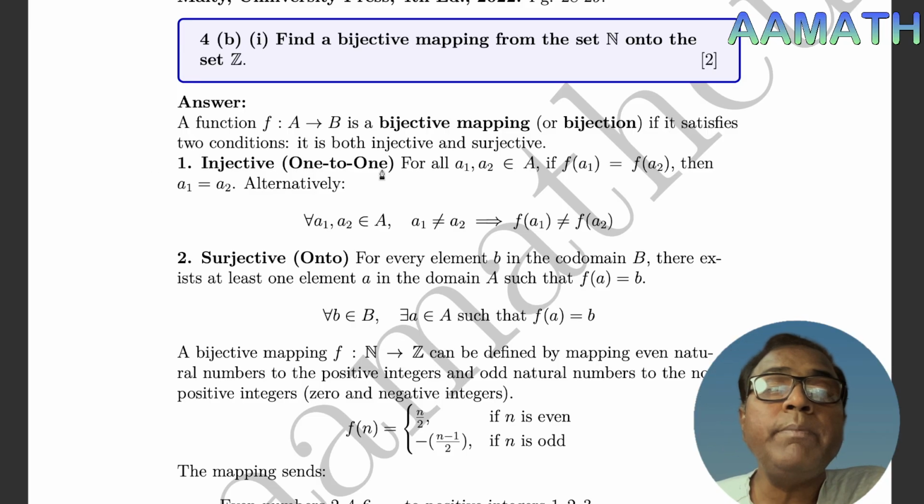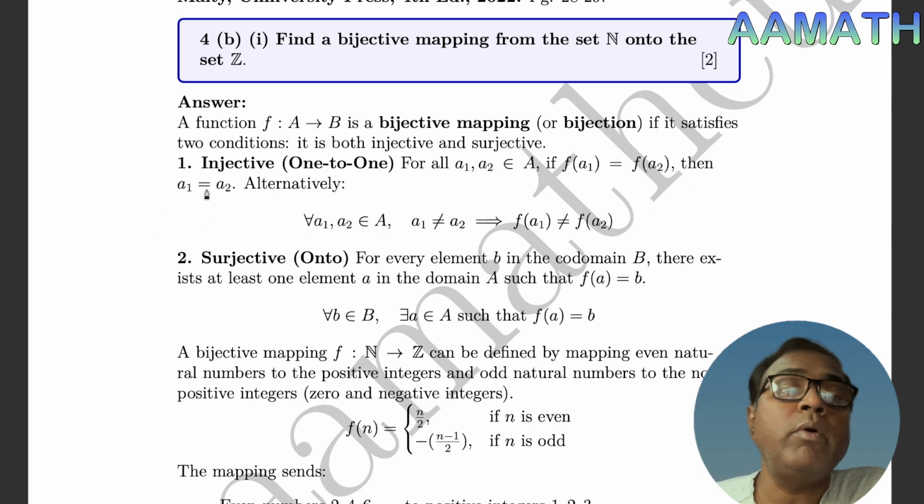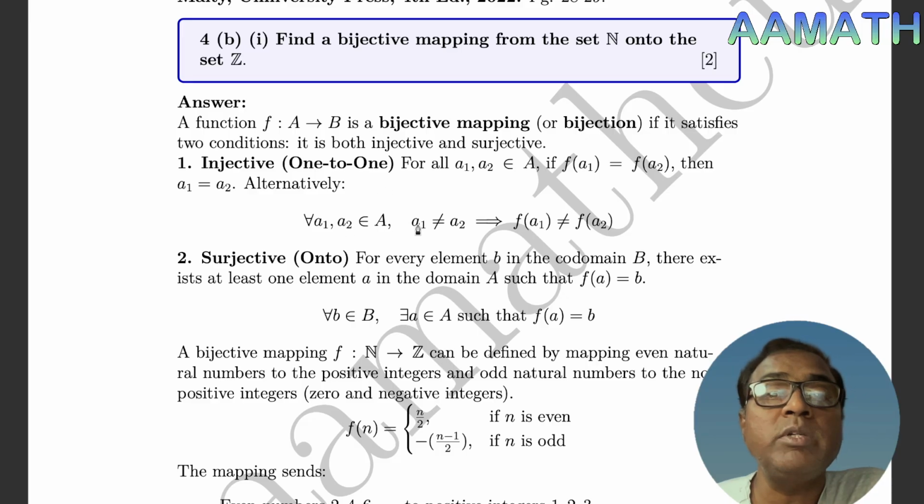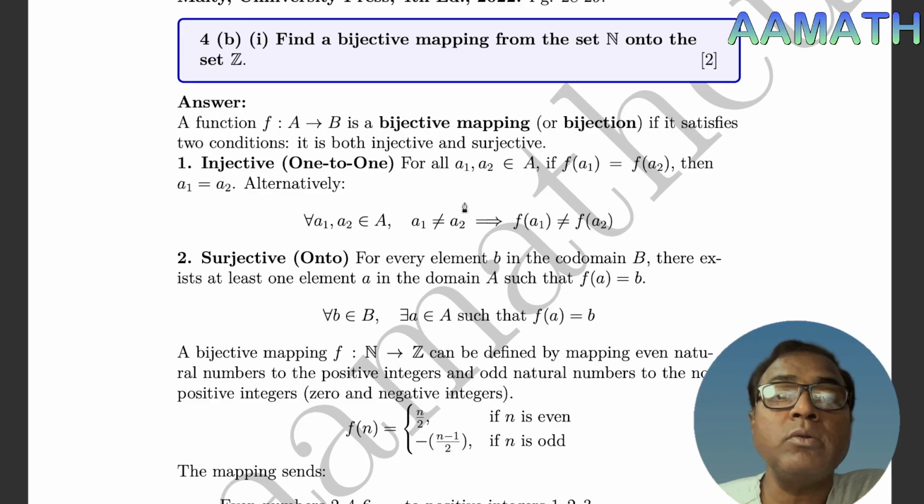For an injective, one-to-one mapping, for all a1, a2 belonging to A, the domain set, if f(a1) equals f(a2), then a1 equals a2. Alternatively, for all a1, a2 in the domain set A, a1 not equal to a2 implies the images are also not equal, f(a1) not equal to f(a2).